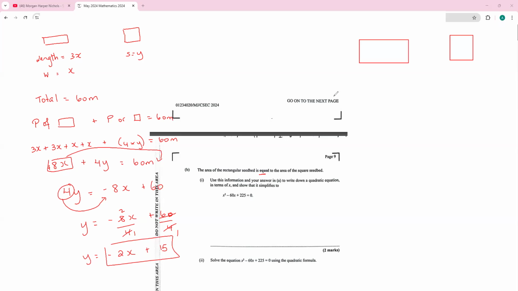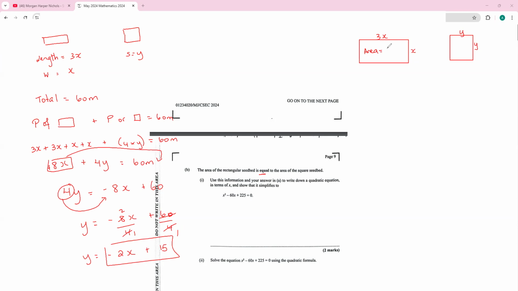They said the area. So this one was 3x and x. And this one, remember, is y as a side. So they said the area of a rectangle. So you have to know how to solve the area of your shapes as well as the perimeter.